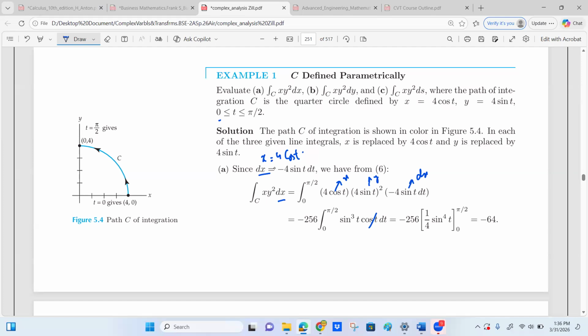Okay, and also apply the limits 0 to pi by 2. After simplification, we get its result is minus 64. For example, minus 256, if we apply the upper limit, is 1 by 4 sine of pi by 2, and its whole power is 4, minus sine of 0, and also its whole power 4, and closing bracket.